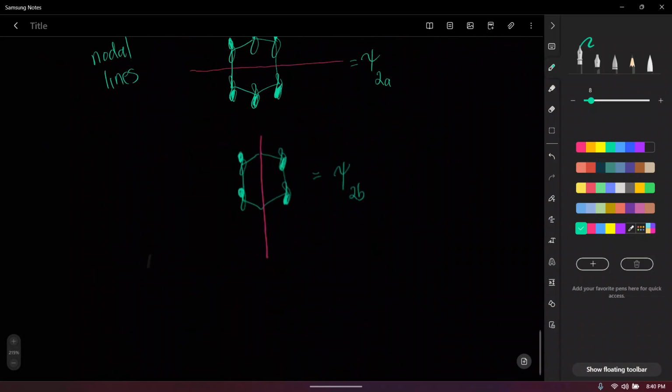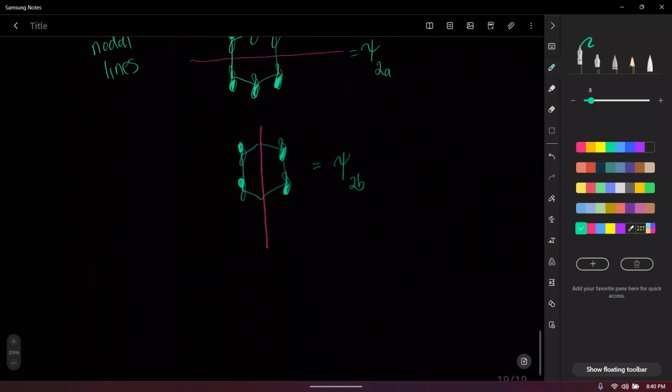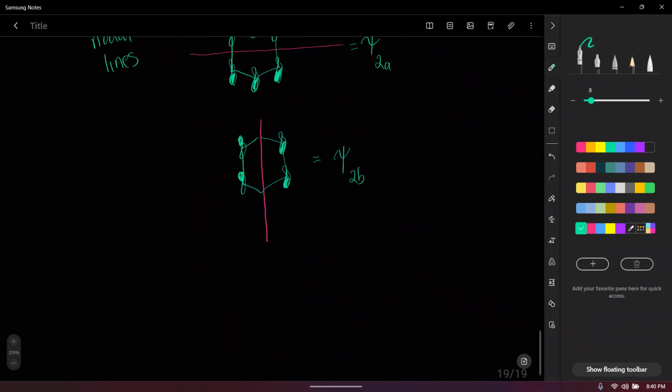All right, so if we want to keep doing this, let's see if we can figure out what psi 3a and psi 3b look like. So now I need to figure out how I make this thing symmetric while including two nodal lines. And if you guys want to think about it for a little bit, I guess you can pause this video.